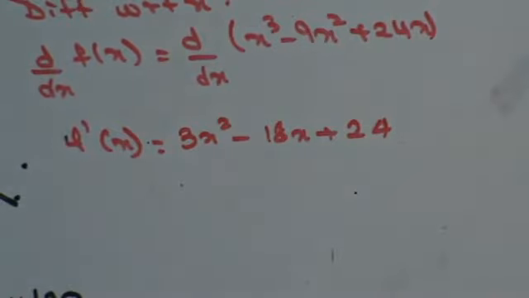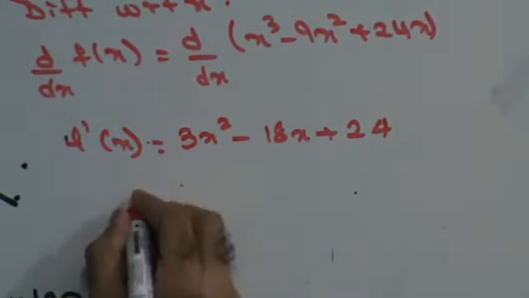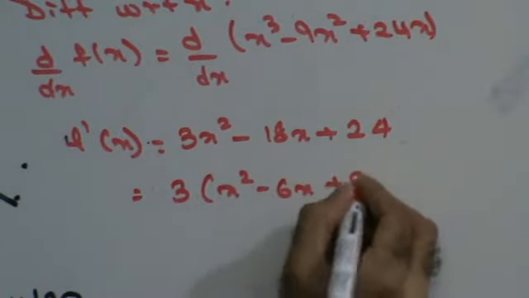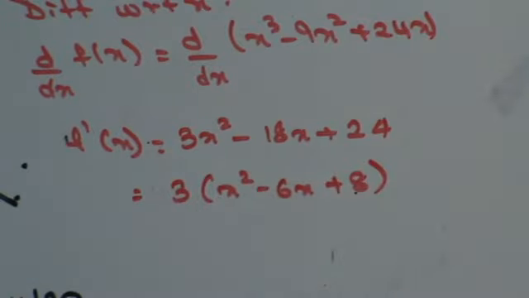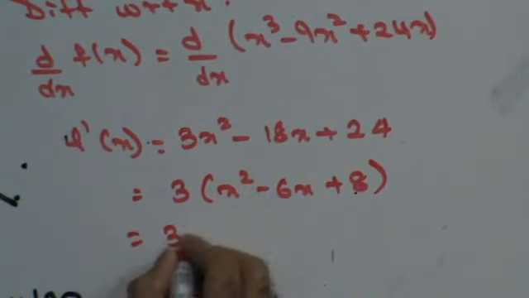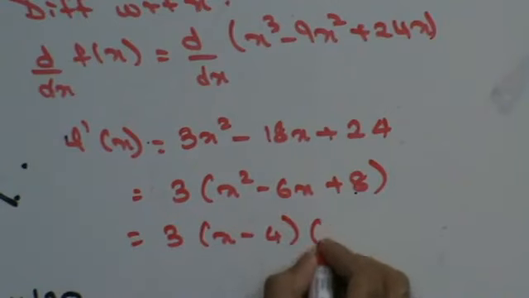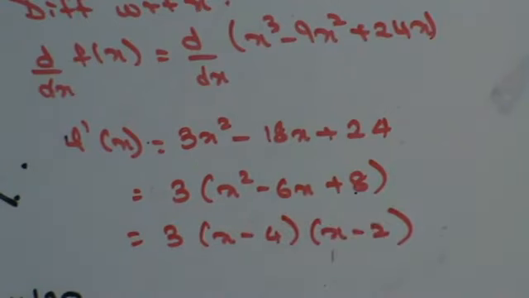Now, this could be further simplified as 3 times x square minus 6x plus 8, which further factorizes as x minus 4 times x minus 2. So f bar of x is 3 times x minus 4 times x minus 2.